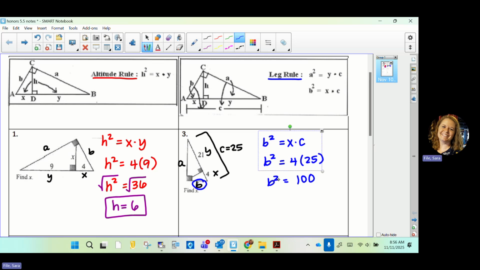And I would take the square root, which is 10. Okay, so I renamed it B. They called it X. It doesn't really matter what you call it. That length is 10. This makes sense so far?